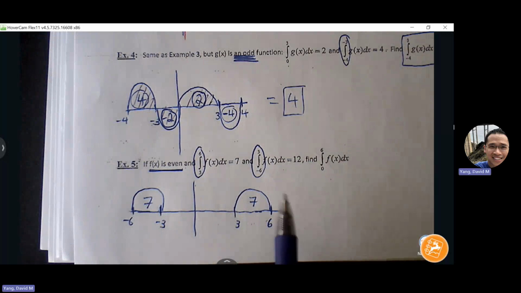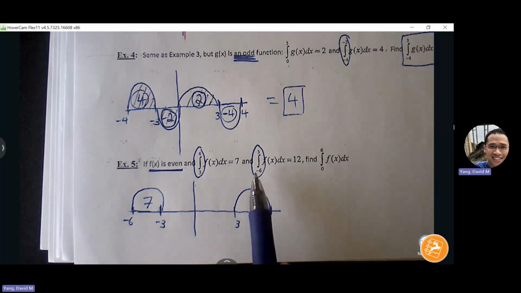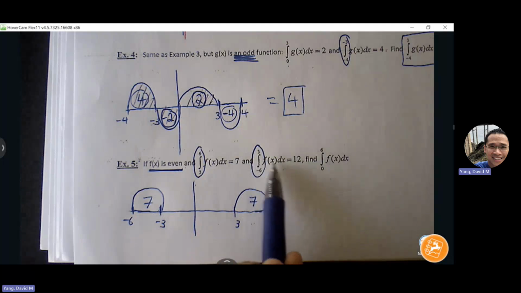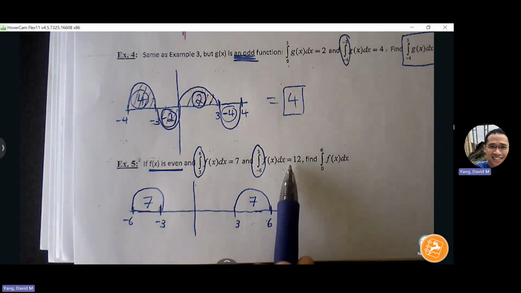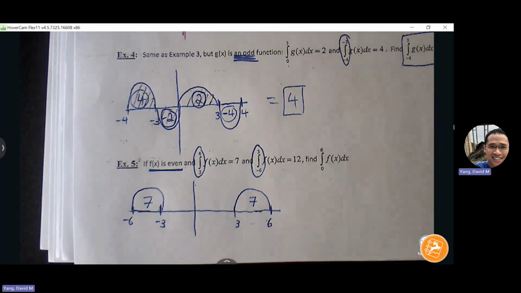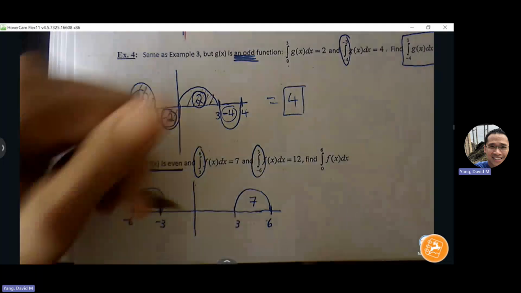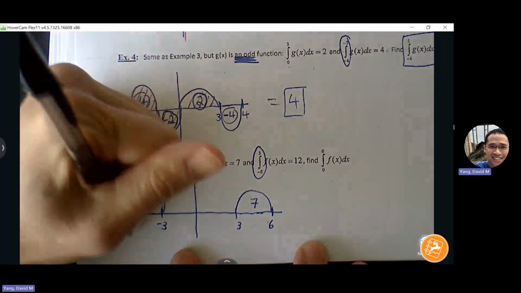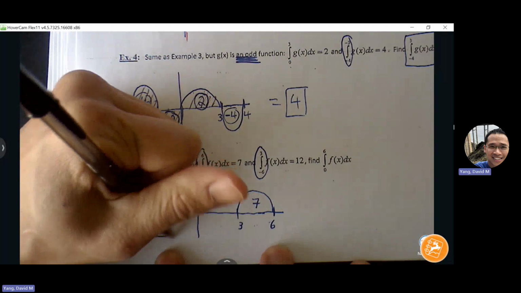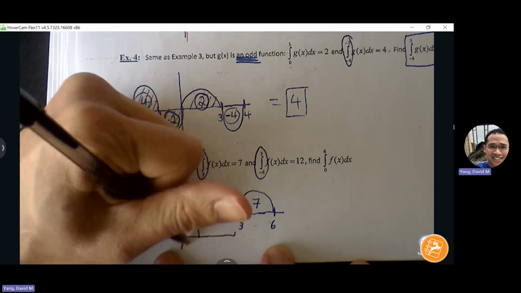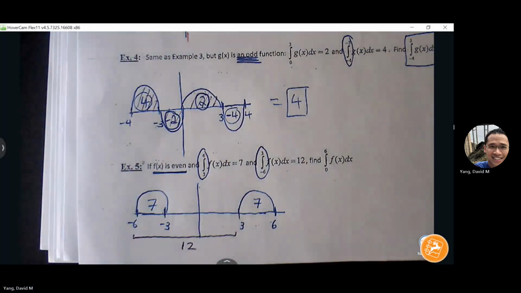Okay, so this is something that we haven't seen yet. It says the integral from -6 to 3 is 12. So -6 to 3, that's spanning across a region that we already have information about, right? So -6 all the way to 3 is equal to 12. Now, what you don't want to do is write 12 over the whole thing, because then it starts to make things confusing.